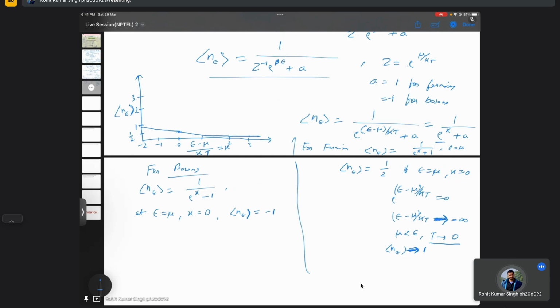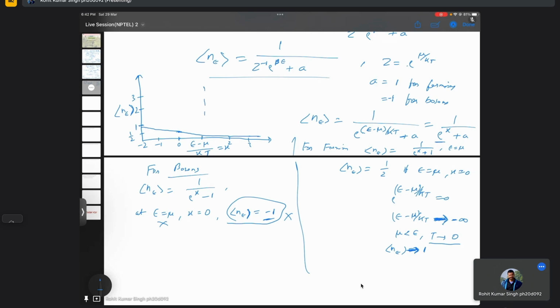Now this cannot happen. This is not true. How can a number of particles in the energy state E be... there should be some particles in the energy state E, right? It doesn't make sense to get an average value of -1. So this will never happen in the case of bosons.